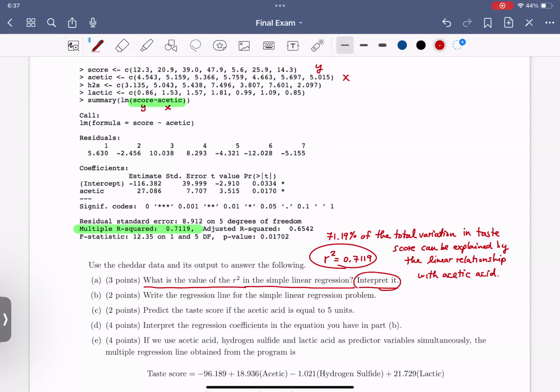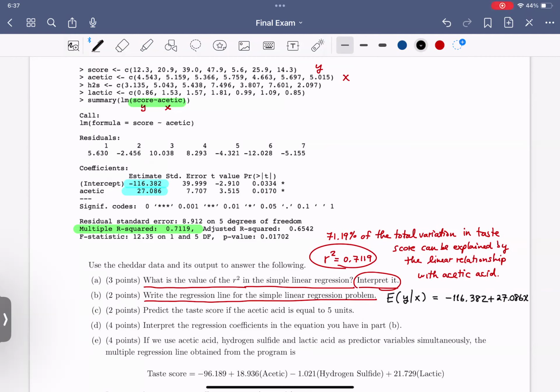Question 2. Write out the regression line for the simple linear regression. Of course, you're going to have an intercept and slope here. What you get is the expectation of Y given X equal to minus 116.382 plus 27.086X.